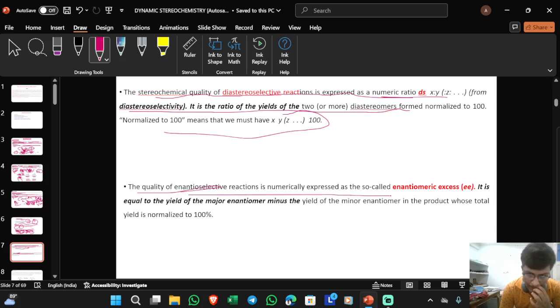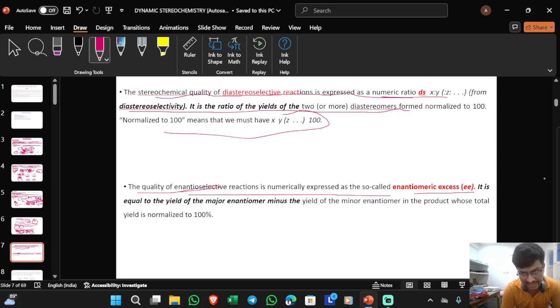The quantity of the enantioselective reaction is explained numerically by the so-called enantiomeric excess. Enantiomeric excess means the quantity of enantioselectivity, meaning one product in maximum quantity, R or S. That is enantiomer selective. Enantiomers means A and B, R and S. For example, R enantiomer is more, 99%, but S is 1%. That is R 98% enantiomeric excess.